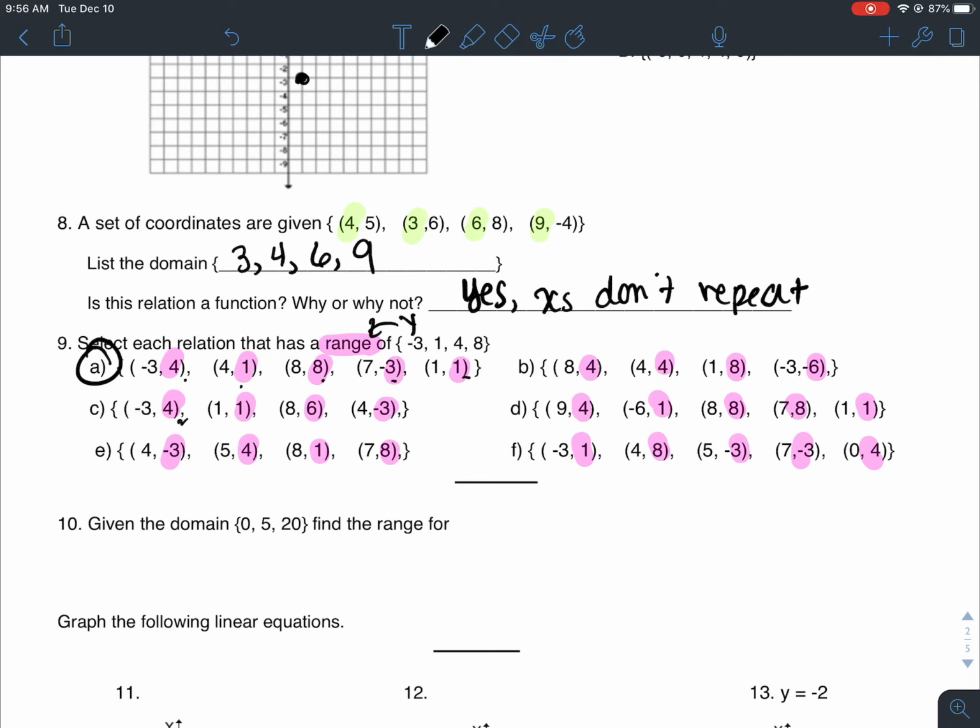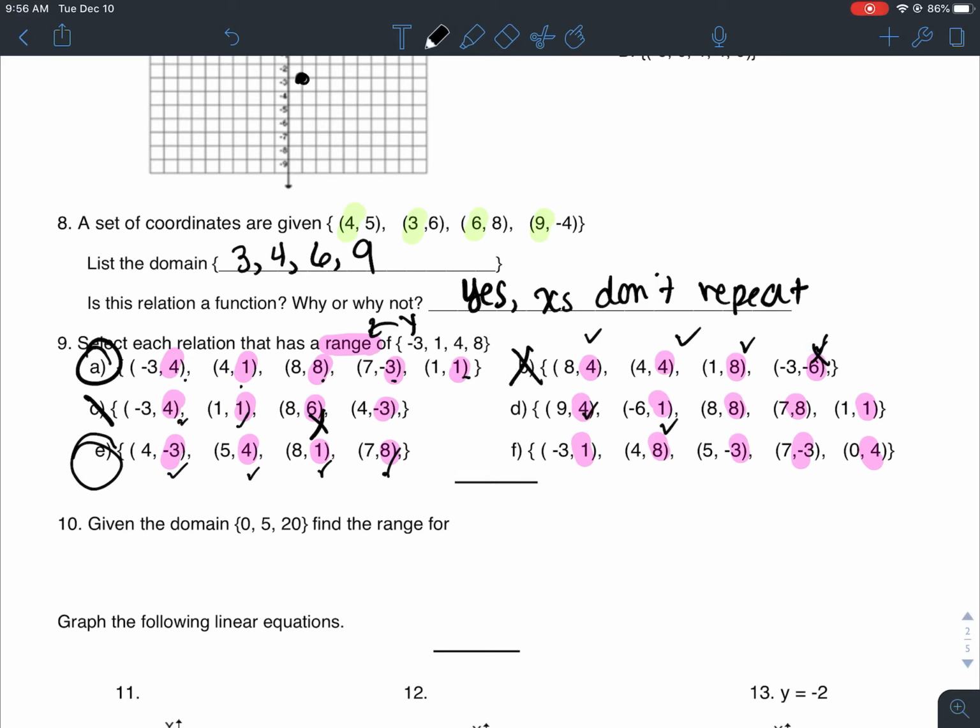All right, for this one, we have 4, 1, 6. There's no 6. Yeah, that one's not going to work. There's no 6 in the y. For E, we have, let's see, -3, 4, 1, 8. That one works. For this, we have 4, 4, 8, -6. That doesn't work.